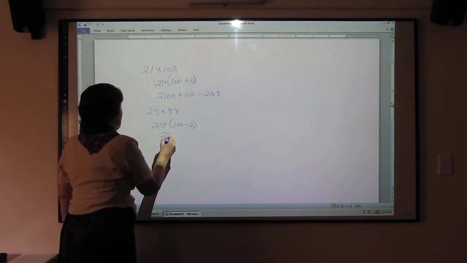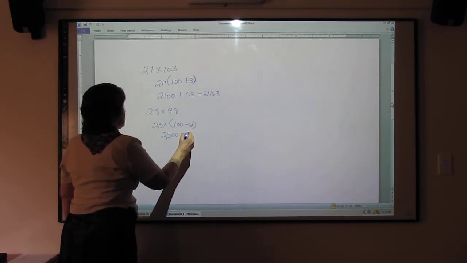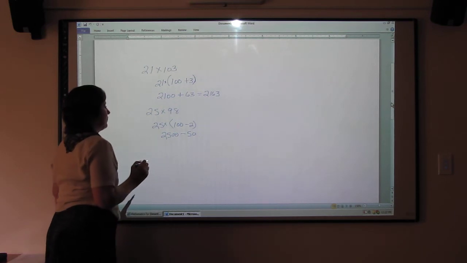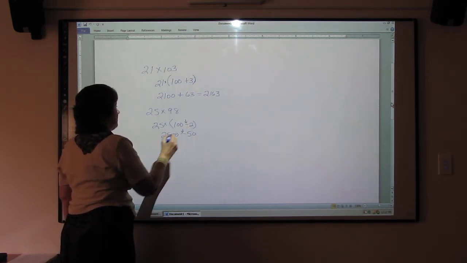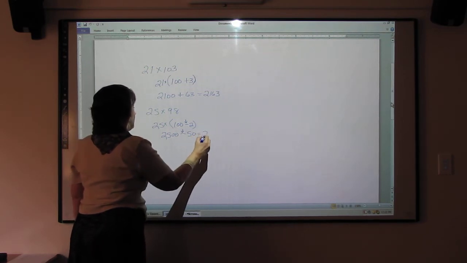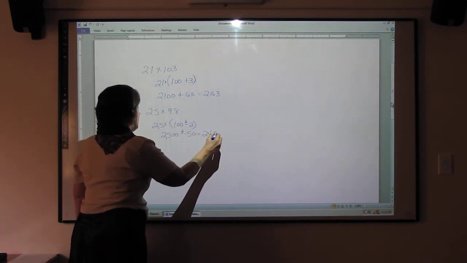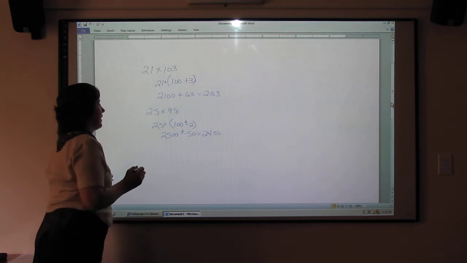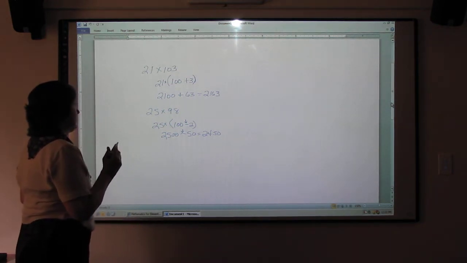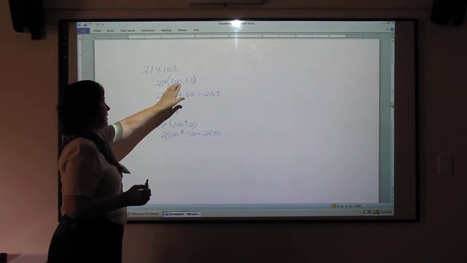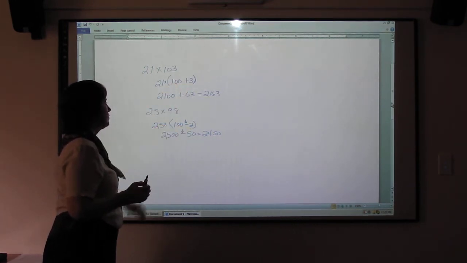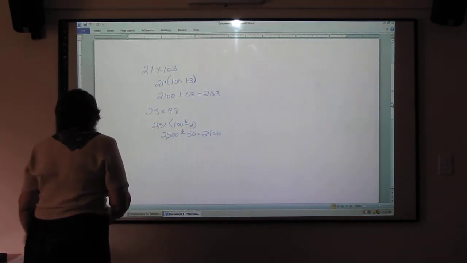I'm going to get 2,500 minus 50. All right? So whatever the sign is in here is what's going to be the sign in your final problem. And so I have 2,450 for my answer. Right? These are both substitution where you break it apart to two numbers added together or two numbers subtracted from one another.